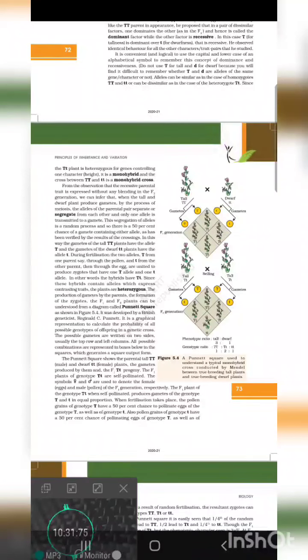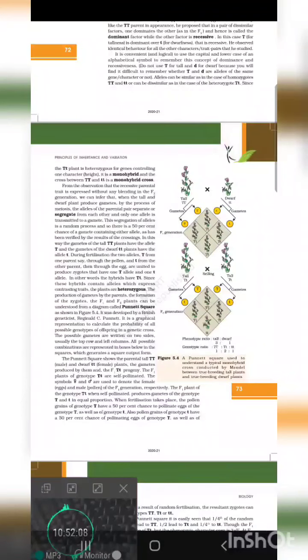During fertilization, the two alleles, capital T from one parent, say through the pollen, and small t from the other parent, through the egg, are united to produce zygotes that have one capital allele and one small allele. In other words, the hybrid has capital T small t.